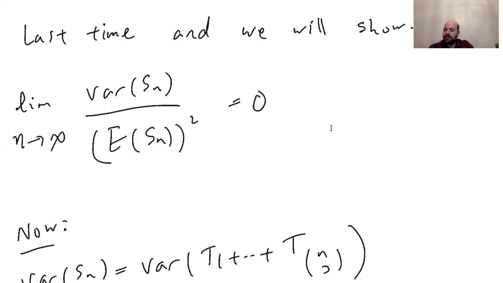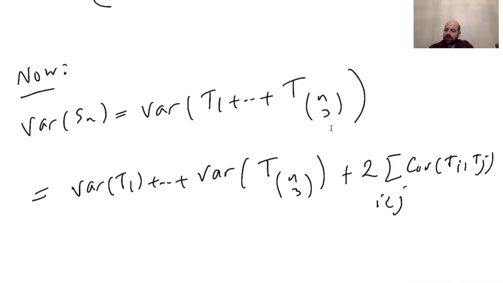So I have to show that this limit is 0. I'm going to find an upper bound for variance Sn, and then divide by E of Sn squared and do some more manipulation and calculation.